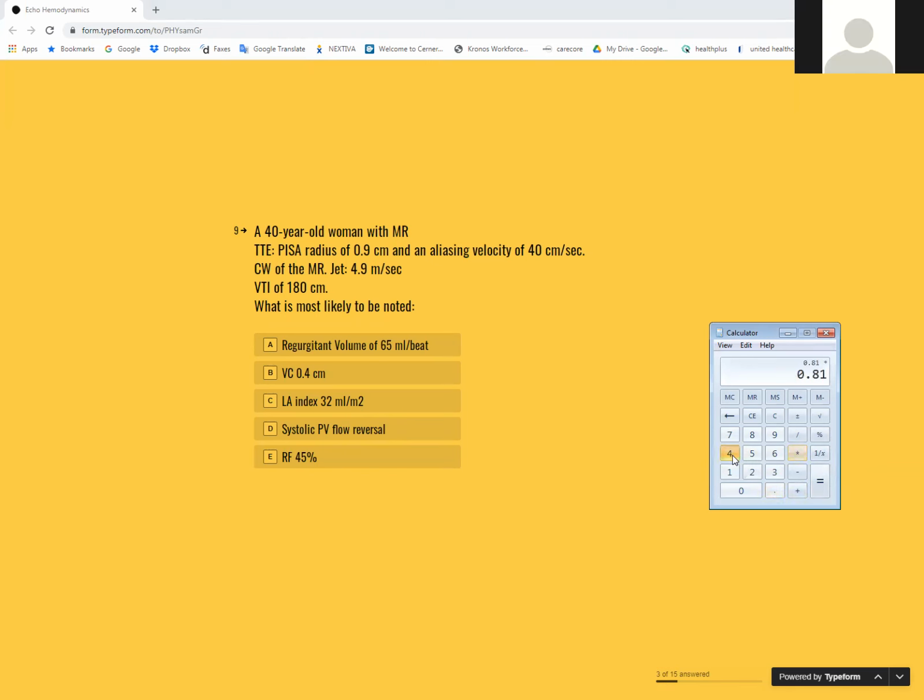What did you guys get? I got an ERO of 0.42. And that would be correct, yes, it's 0.42.